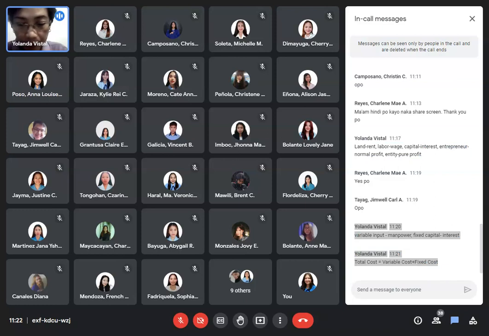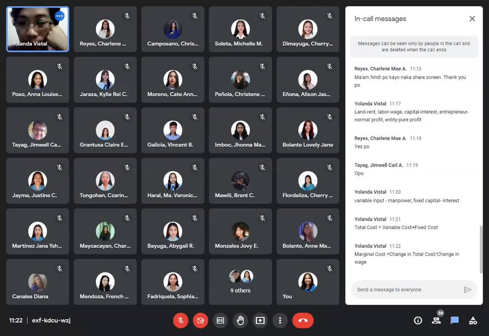Kasi we have average fixed cost. For the wage, bakit po? Kasi ang nagdagdagan lang naman, di ba? No? Ang nadagdag lang naman na cost ay yung cost ng variable input. Since the fixed input, we assign a fixed cost for it.